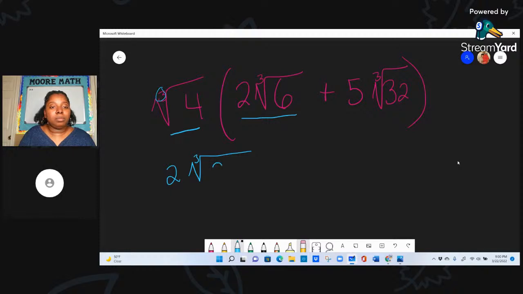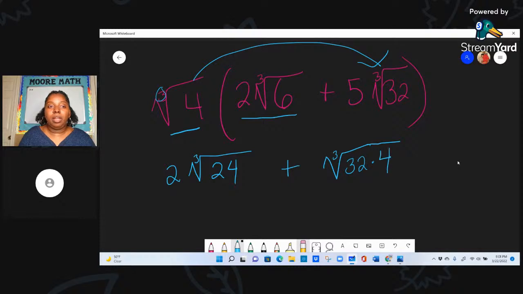You said it. 24. Good. Okay. And then plus, okay, what can we combine for these two? The square root of 32 and square root of 4. Okay. What do I do with this 5? Just bring it down. Good. Okay.